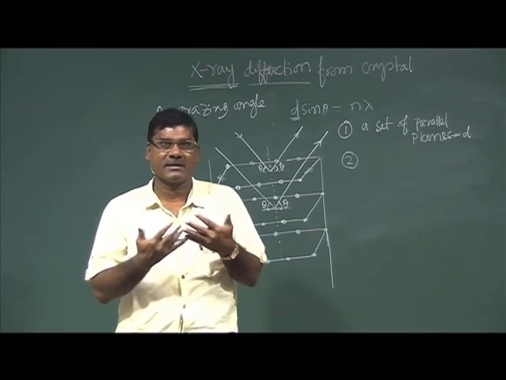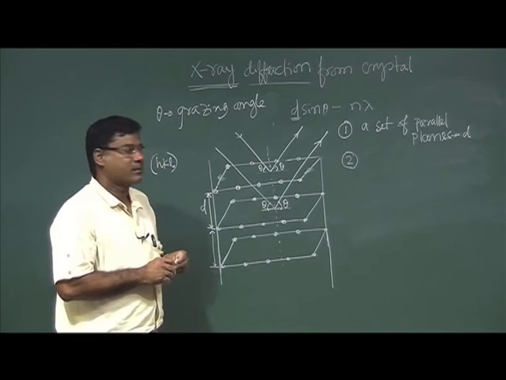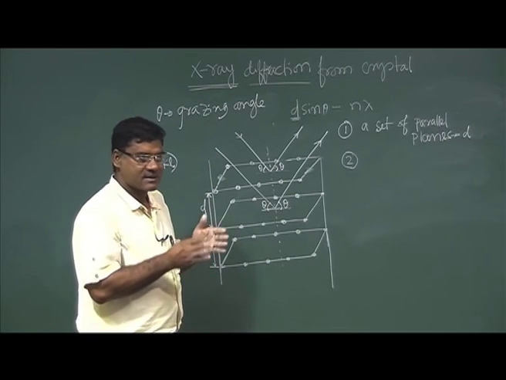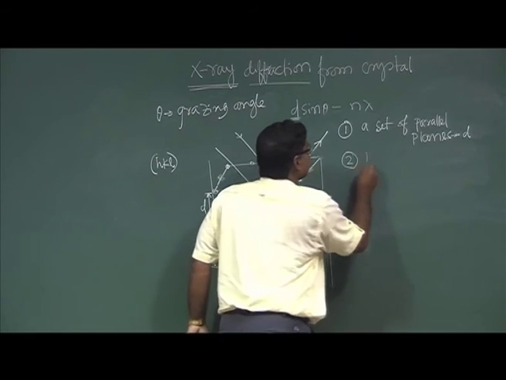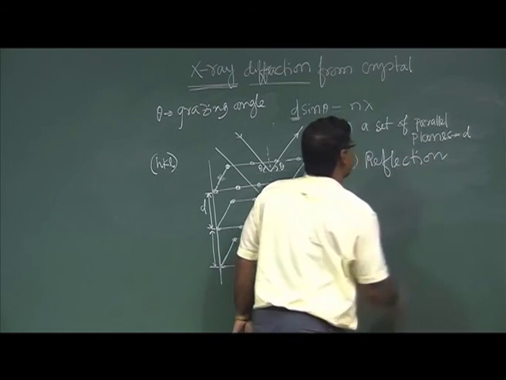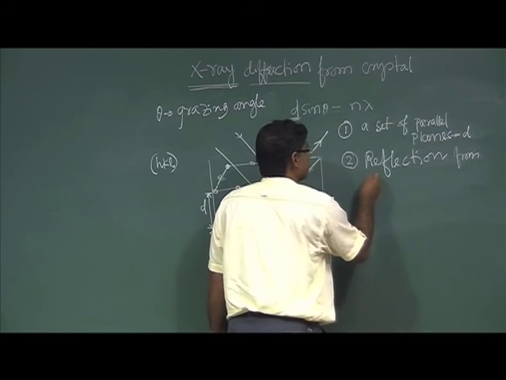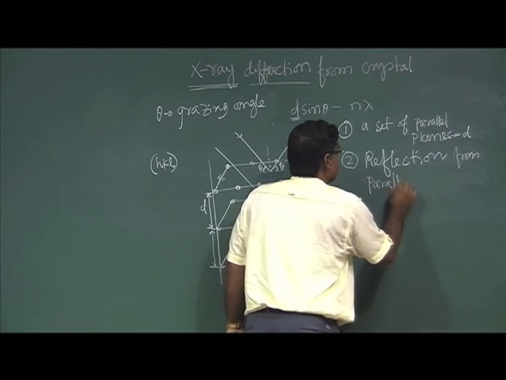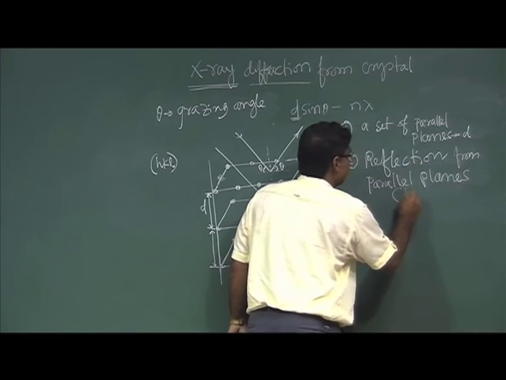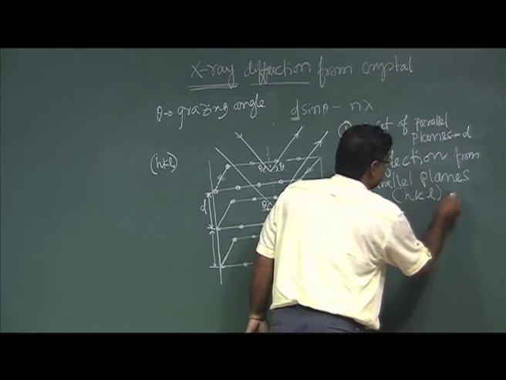So if they consider this, what condition will we get? They consider the reflection from parallel planes, say the hkl planes, whose lattice spacing is d.